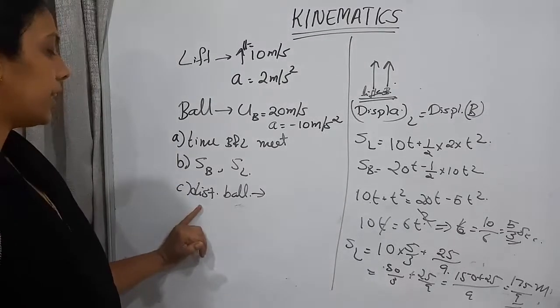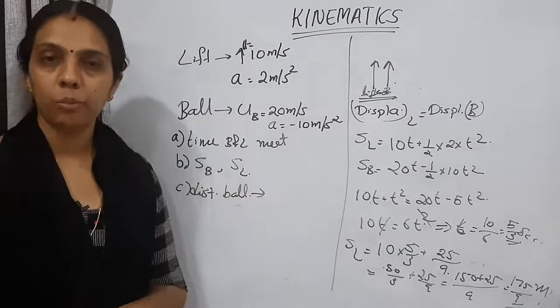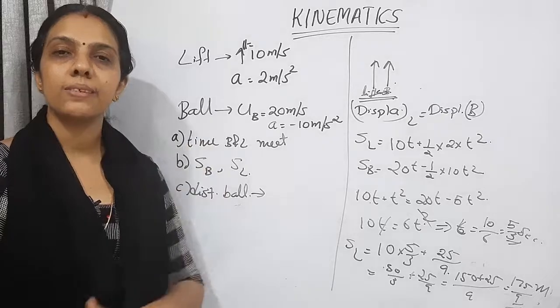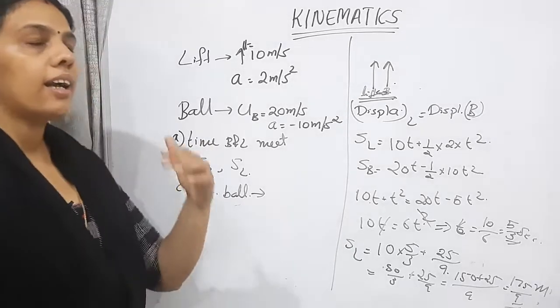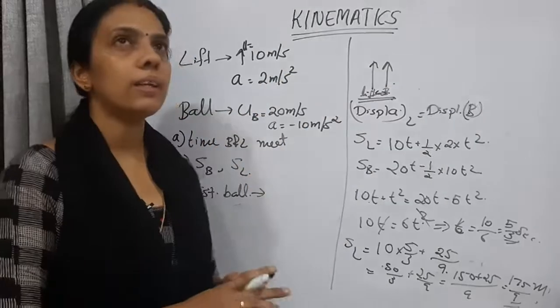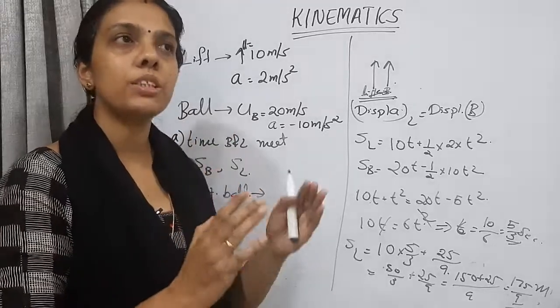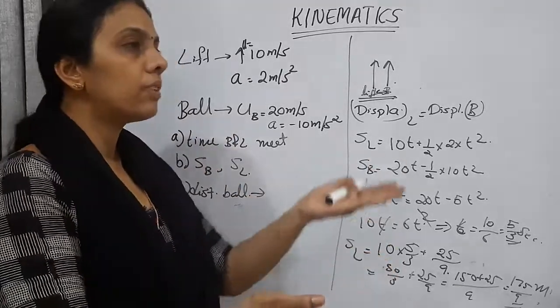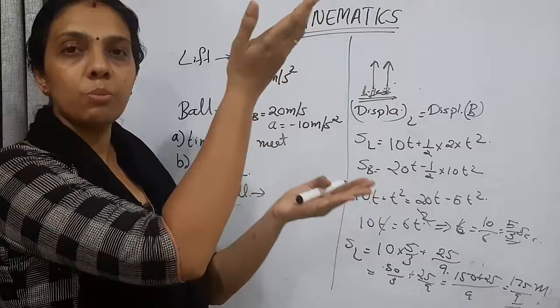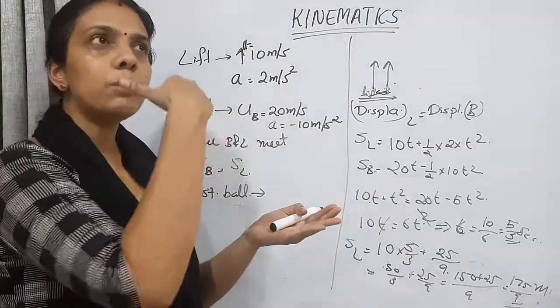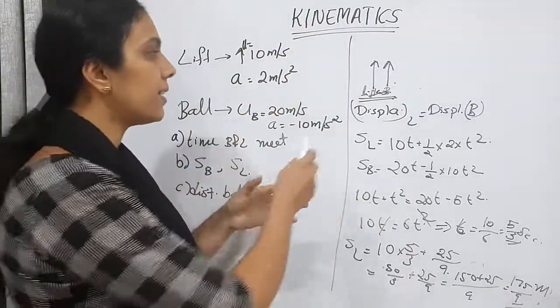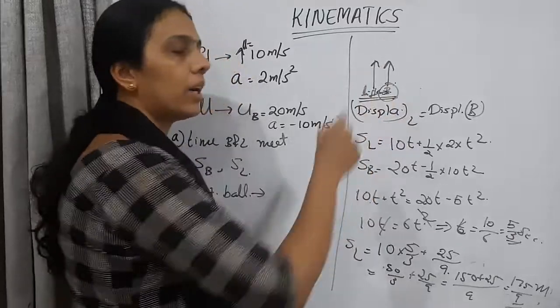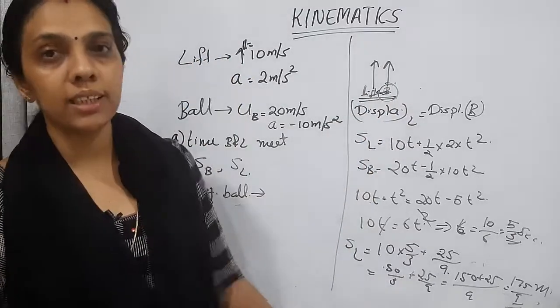Next, we need to find the distance travelled by the ball. How can we find it? I told you initially that there are two chances for meeting. When the lift is moving and the ball is moving, at one particular point there is a possibility of meeting the lift.